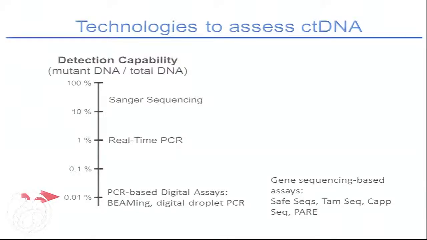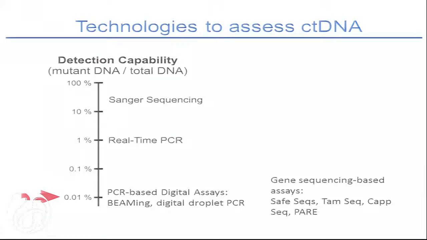So we have a lot of diagnostic methods, a lot of toys we can use to try to be as good as possible in identifying tumor-related DNA in plasma. On the left side of this scale, you see the detection limit of more conventional PCR-based assays.